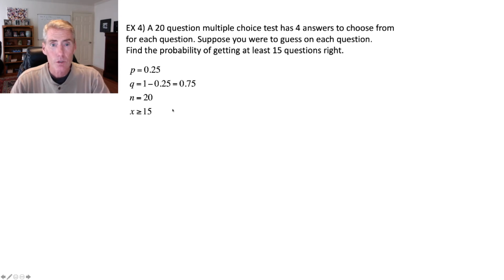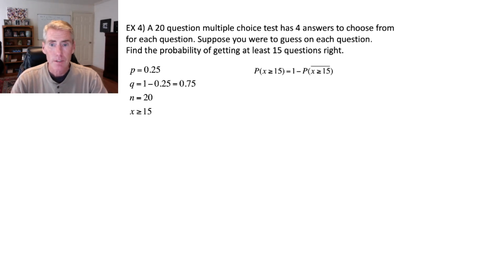So there's 2 ways to do this. You could do the binomial formula when x equals 15, 16, 17, 18, 19, and 20. Do the binomial formula 6 times, and then add up those answers. But there's another way to do it, and that is use the complement. So the probability that x is bigger than or equal to 15 is equal to 1 minus its complement.